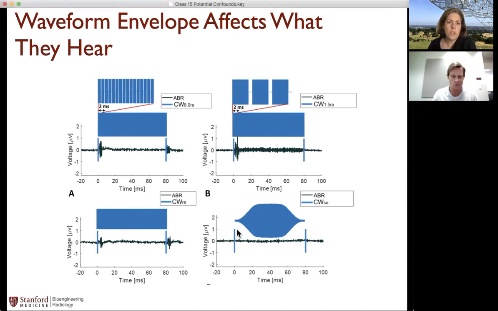So that just shows that the waveform affects what they hear, and it gives us sort of a method forward for how to design these experiments so that the animals don't hear anything. We just have to design the experiments with a waveform that's smoothed enough so that it doesn't trigger an ABR response or a hearing response.